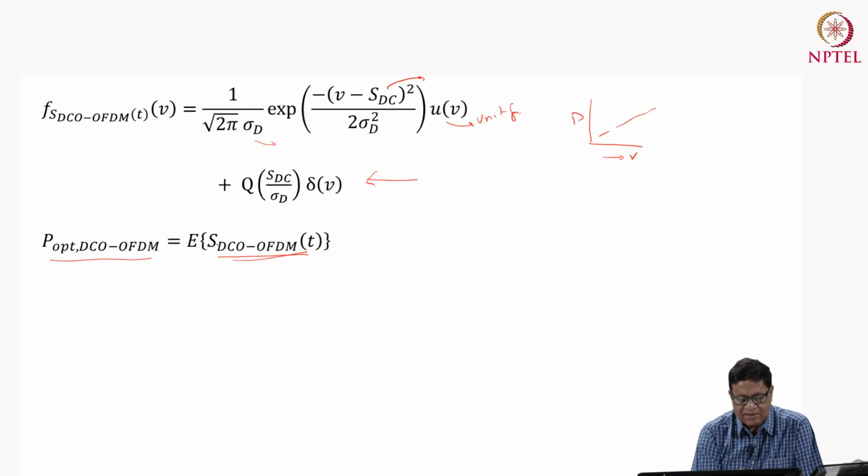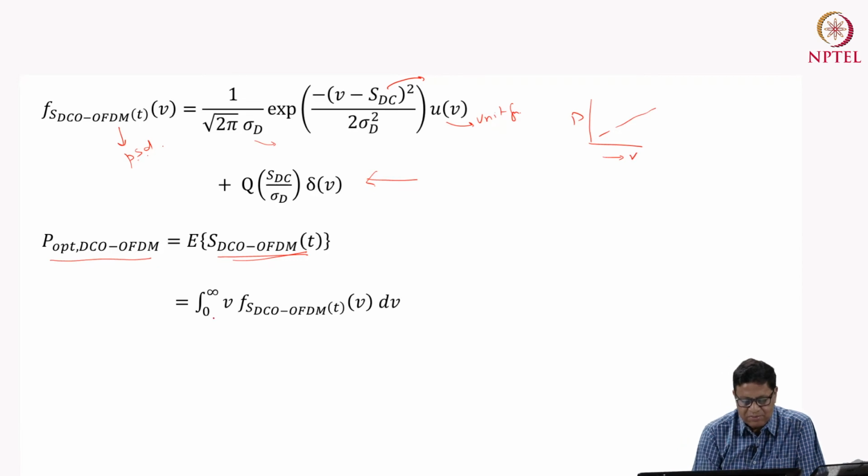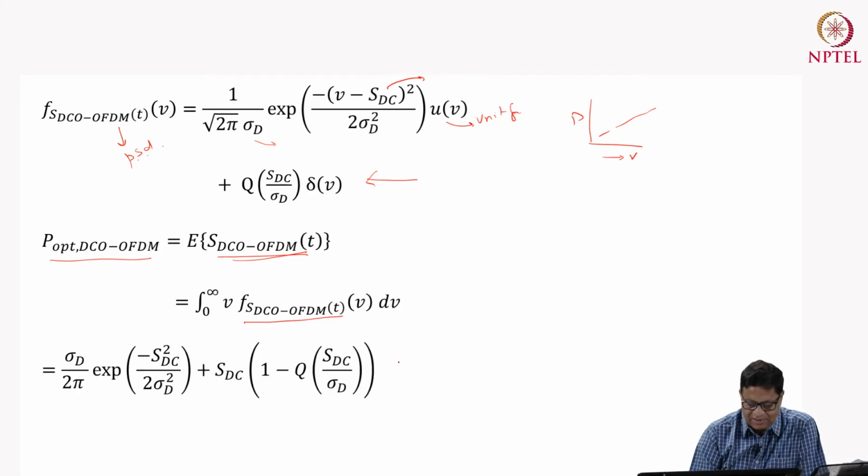So for calculating this from the power spectral density, the PSD, to calculate the expected value of this DCO signal, you have to integrate from 0 to infinity v into the power spectral density into dv. If I put the value of this PSD here and calculate this integral, what I get is this expression. So this is the power output of the OFDM signal: sigma d divided by root 2 pi, exponential of minus s squared dc divided by 2 sigma d squared, plus SDC.